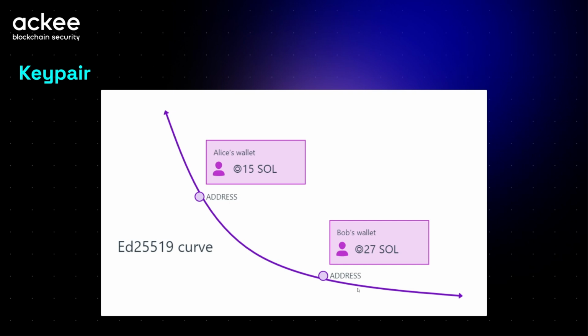The cryptography here is that if you know the point, which you obviously know because the point is the public key or the address, it is hard to find out what the scalar or the private key is, but this is just the cryptography, it is not that important. What is important is that the regular key pair and its public key always lands on this curve.